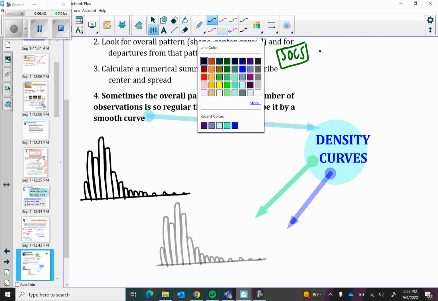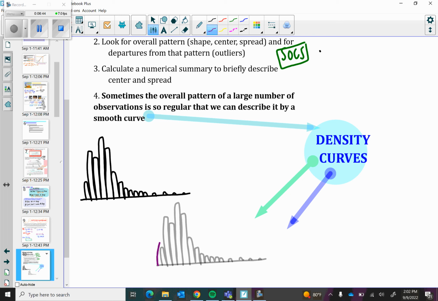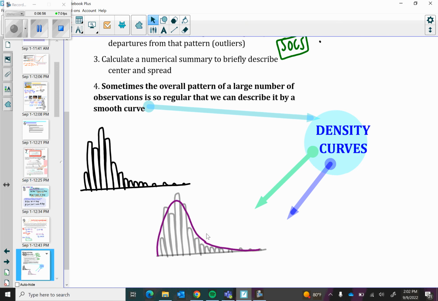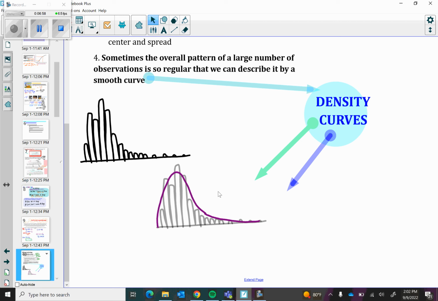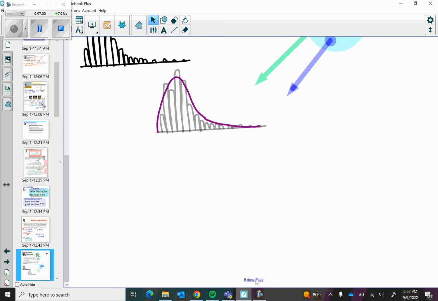I want to draw a rough outline of this curve. So notice how when I drew that, some of these bars are going above and some are below, and that's okay because we're looking for this pattern that this distribution describes. This is now a density curve. It's a faster way to draw what we had been drawing.